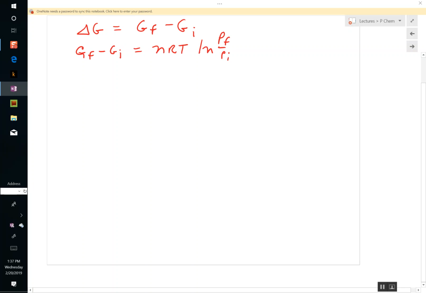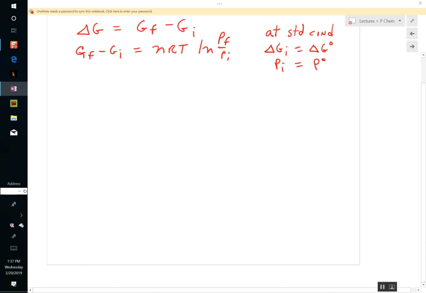Now if we say, okay, let's consider standard conditions, and so at standard conditions then delta G_I is delta G naught, and P_I would be standard pressure.